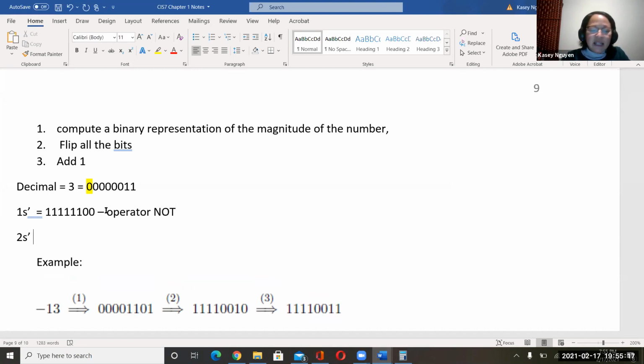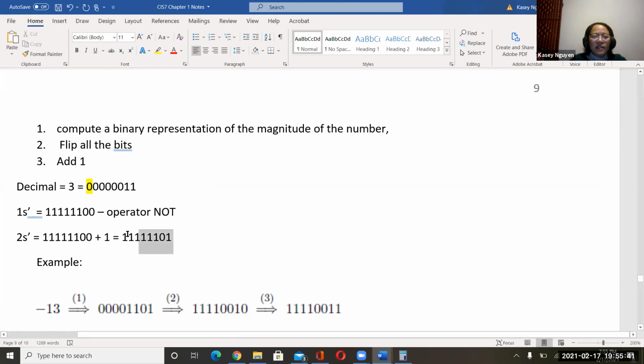So we're going to take the value 1, 1, 1, 1, 1, 1, 0, 0 that we found, and we're going to do a plus 1. With the 0 plus 1, your output is going to be like that. So this represents the -3.